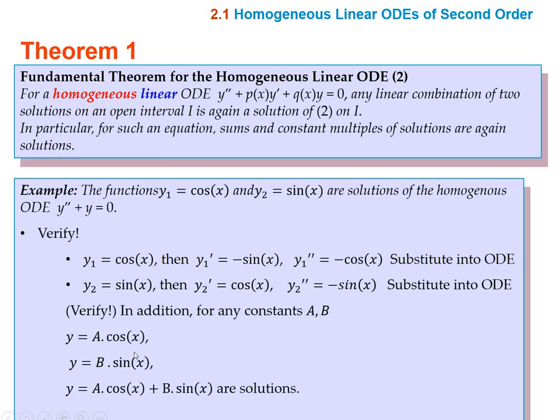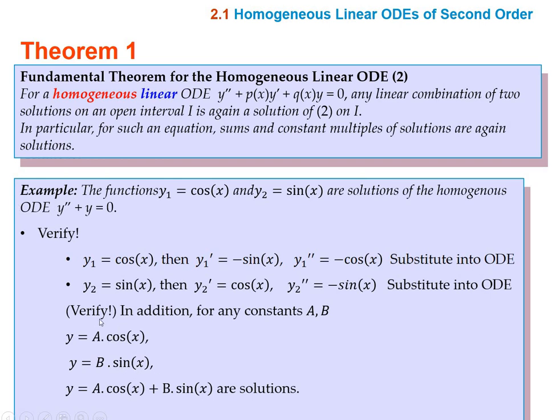Now, the linear combination of those two means the first solution with a constant, plus the second solution with a constant, added together. This again will be a solution. It's very clear, because this one by itself is a solution and this one by itself is a solution. If you differentiate this one twice and substitute, you will figure it out.